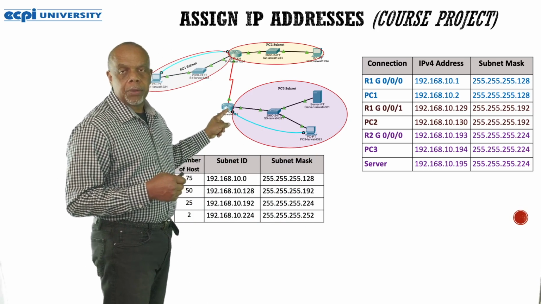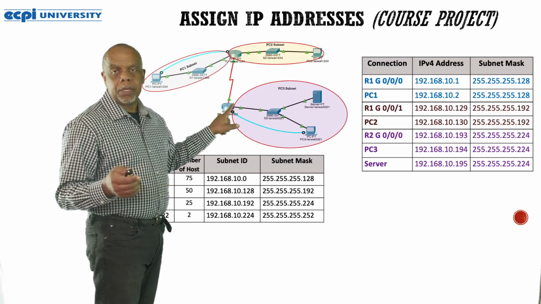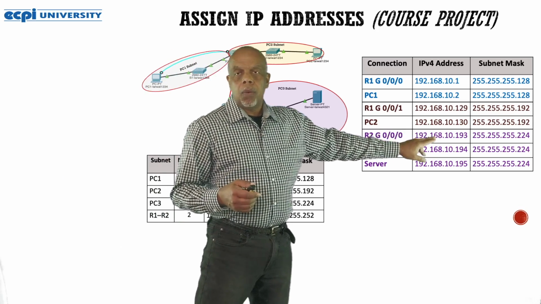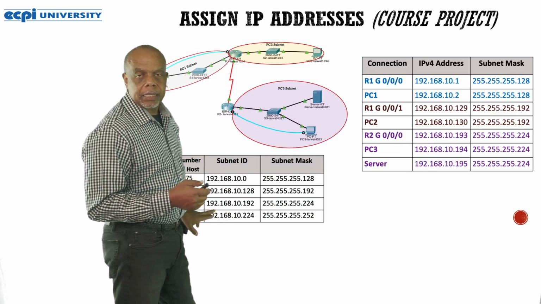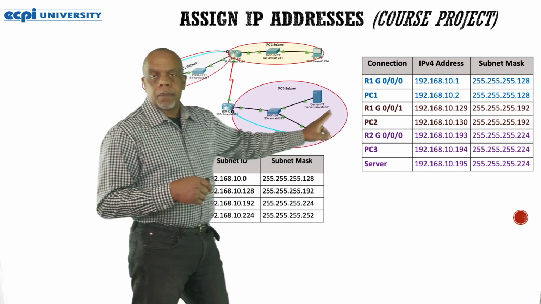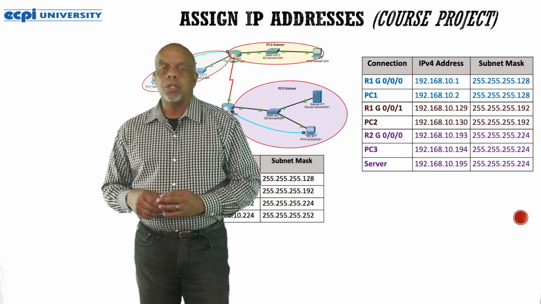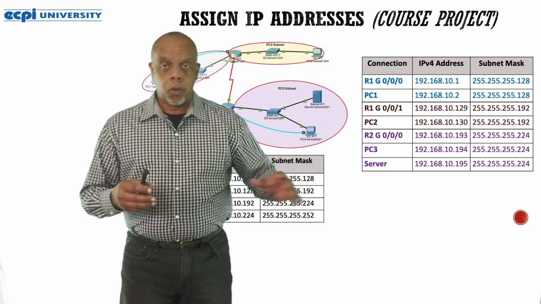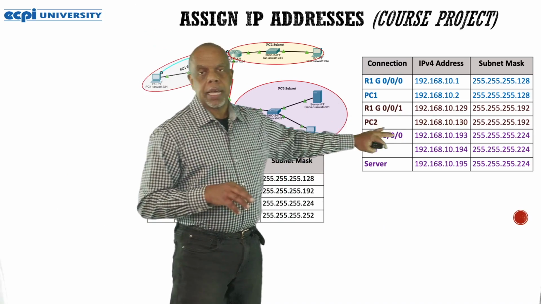So now on router 2, on that interface, I would assign it the first assignable IP address of 192.168.10.193. Why? Because I cannot assign 192. That is the ID. And the subnet mask is going to be .224. So if you're working in Packet Tracer, or if you're working on Cisco and you've got to assign that address, this is what you would assign to that.